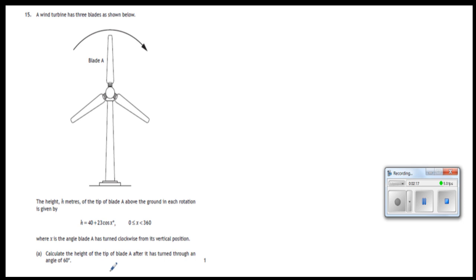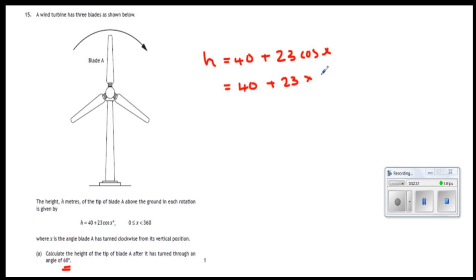Now all that's asking me to do is to stick 60 degrees into that formula. So we've got h as 40 plus 23 times cos x. Now they're telling me that x is 60 degrees. So with your calculator you put all of that in, so you've got 40 plus 23 times cos 60.